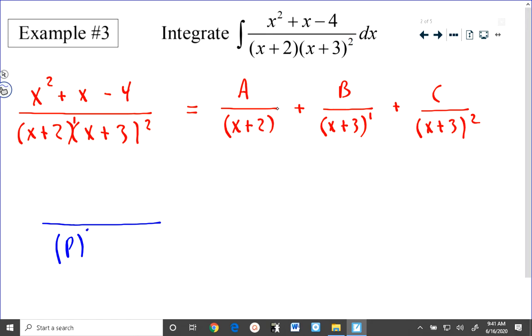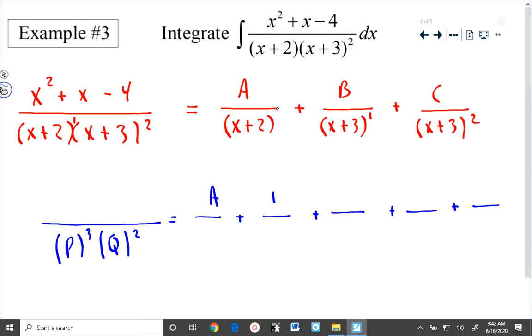And it was raised to the 3, and you had a second factor in the denominator, let's call it q, and it was raised to the 2, then since there are 5 factors in the denominator, you would have 5 partial fractions being created when you break apart that rational expression.